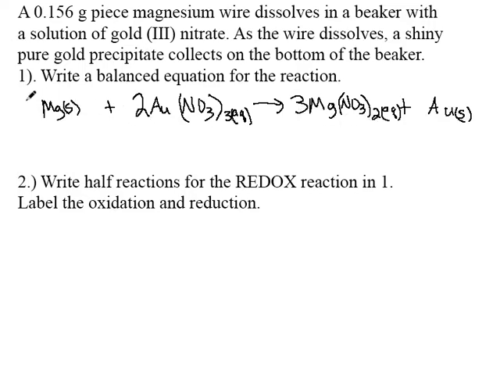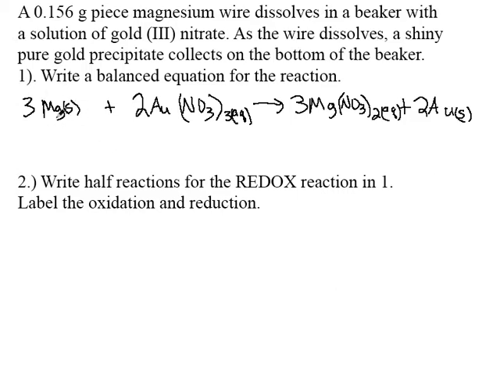We'll also need a 3 in front of the magnesium and a 2 to balance out the gold. So our balanced redox reaction is 3 magnesiums plus 2 gold 3 nitrates gives us 3 magnesium nitrates and 2 gold atoms.